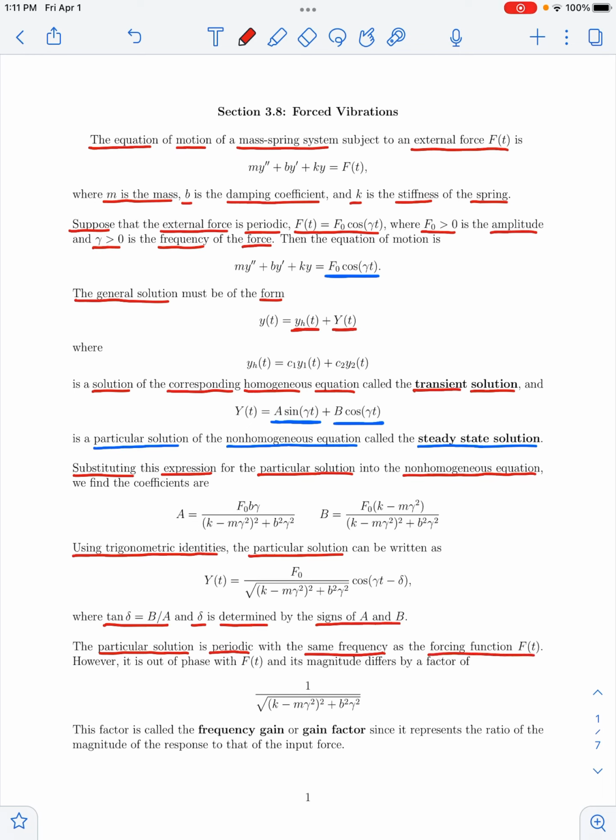Same frequency γ. However, it is out of phase with the forcing function because of that δ shift which was applied.